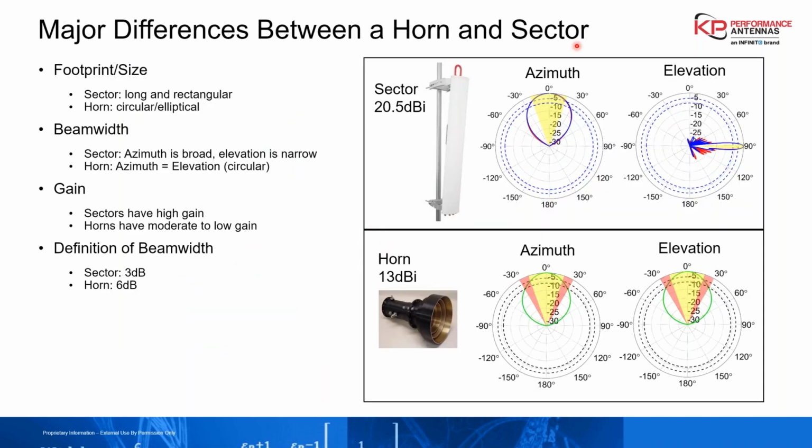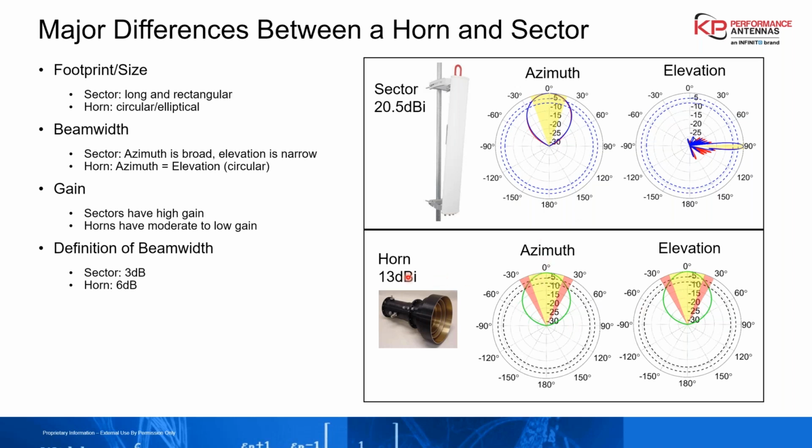Now, what is the difference between a sector and a horn antenna? Well, as I mentioned, a sector is just a bunch of elements vertically stacked. So sectors end up being long and typically rectangular, whereas a horn is circular or elliptical. The benefit of that circular and elliptical shape is that you end up having equal azimuth and elevation beam widths, which is great for filling in nulls and irregular terrain.